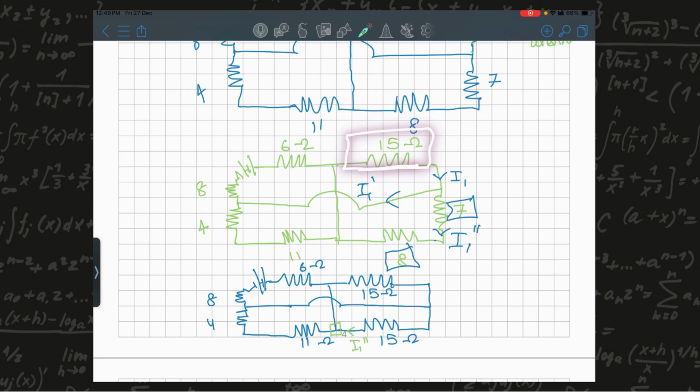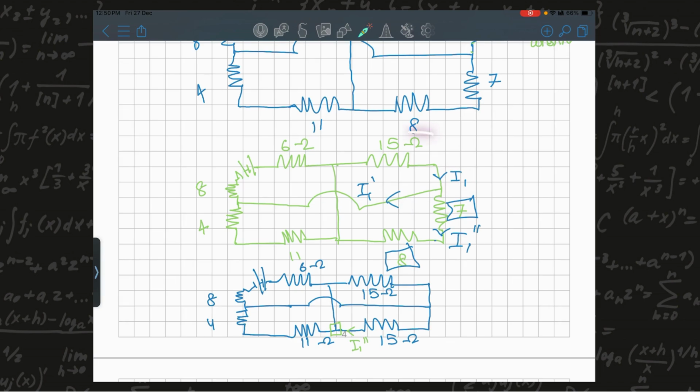After the I1 current traveled from this 15 ohm resistor towards this 7 ohm resistor earlier, there was also a current division here. This I1 current turned into I1 dash and I1 double dash, right?